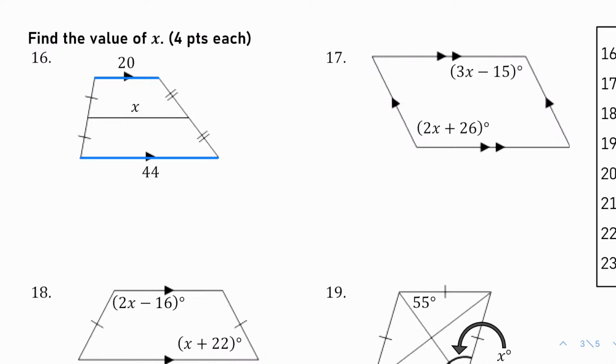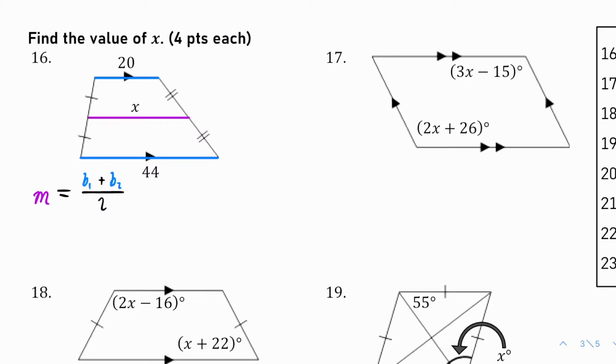It doesn't matter which base is which, but do not confuse the base and the mid-segment. So I just drew over those in blue and purple. Our mid-segment formula. The mid-segment is 1/2 of base 1 plus base 2.